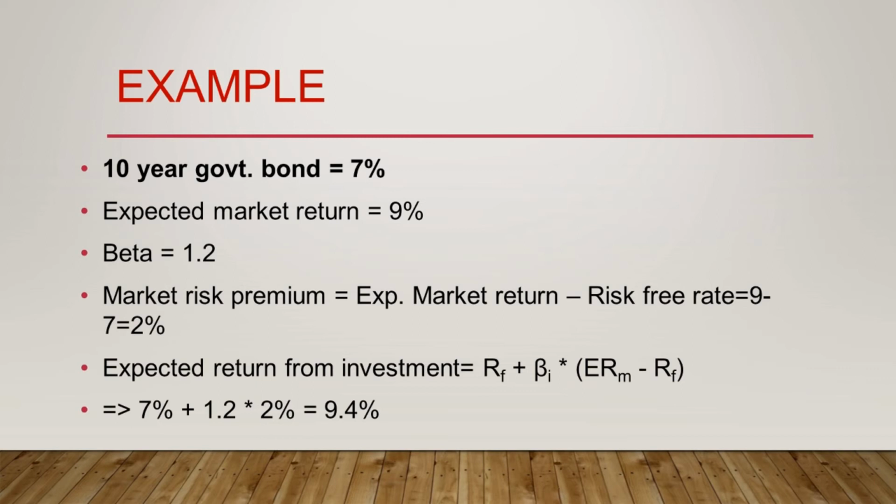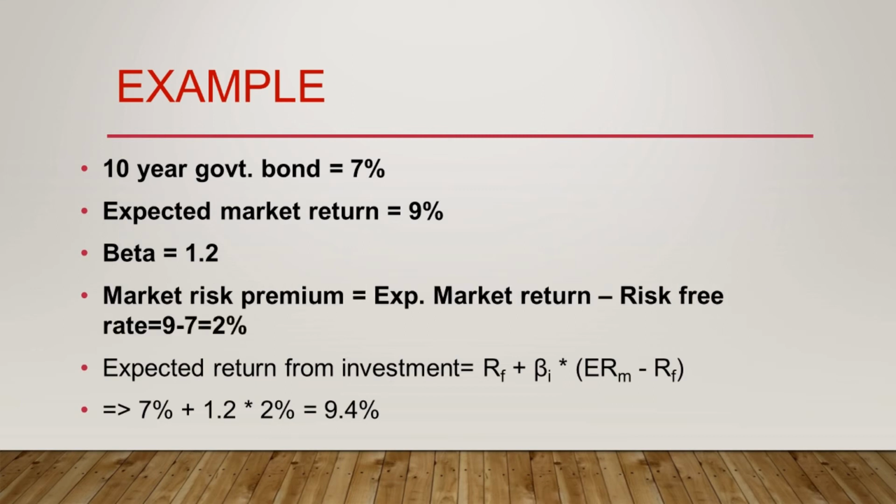It would yield you 7% and it would at least help you in coping with the inflation rate and maintain the purchasing power of your money. The second is the expected market return. Let's assume it is 9%, what you are expecting from the market, and the beta value, let's have it as 1.2.